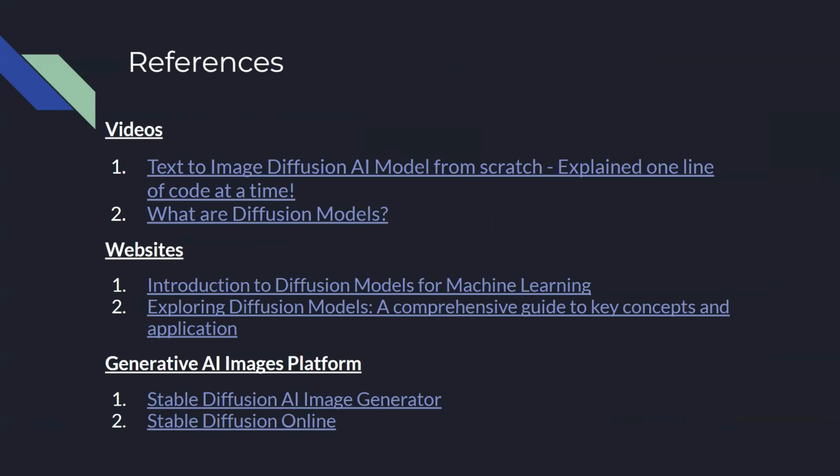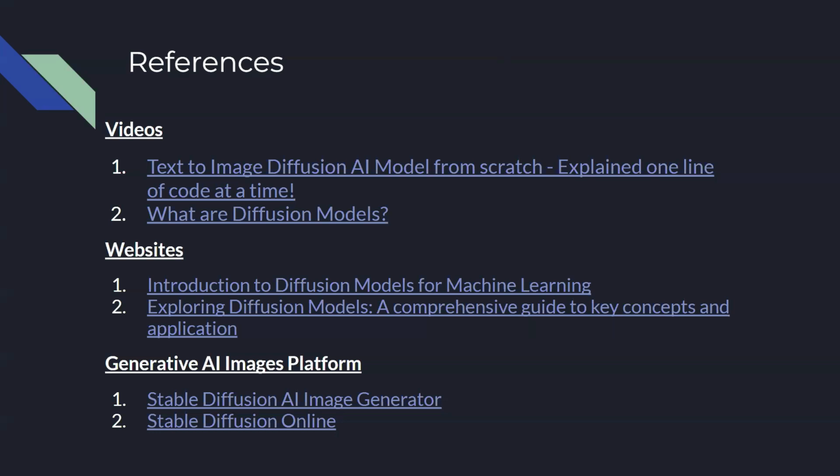These are the references that we are going to use during our group project in order to not only develop the programs that we outlined earlier in the slides, but to also understand the overall complexity of a diffusion model.